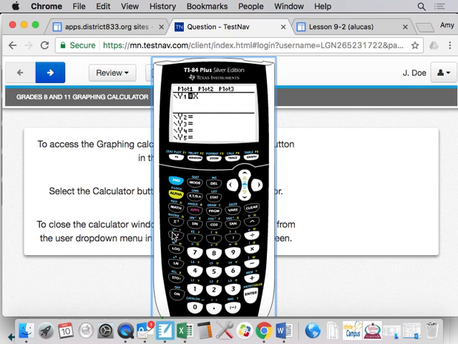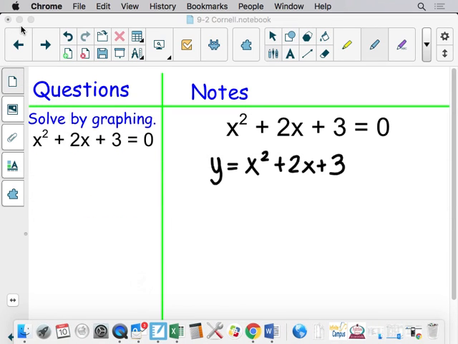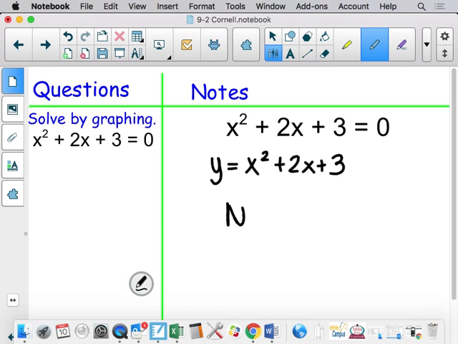X squared plus 2x plus 3. Oh, this one doesn't have any. All right, so no real solutions.